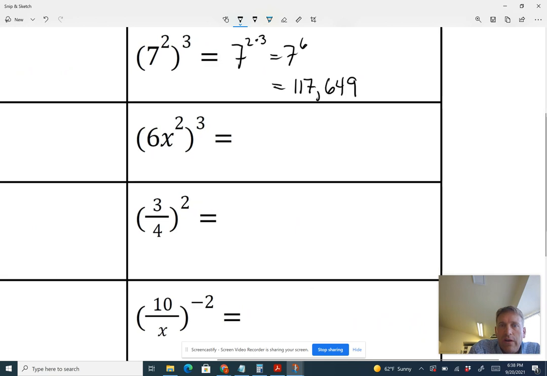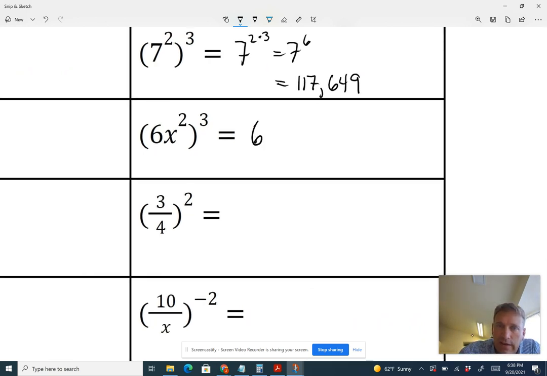So over here, we get 6 to the third power and x to the 2 times 3 power. And 6 to the third power is 6 times 6 times 6, which is 216. And 2 times 3 is 6, so this is x to the 6th power. And then that would be your final answer.